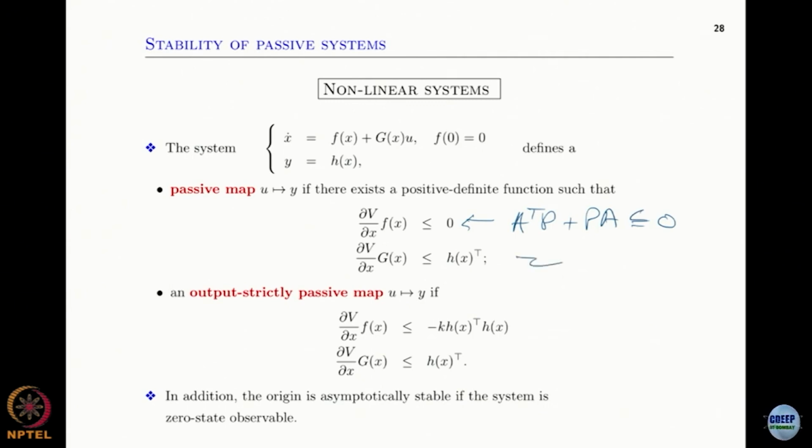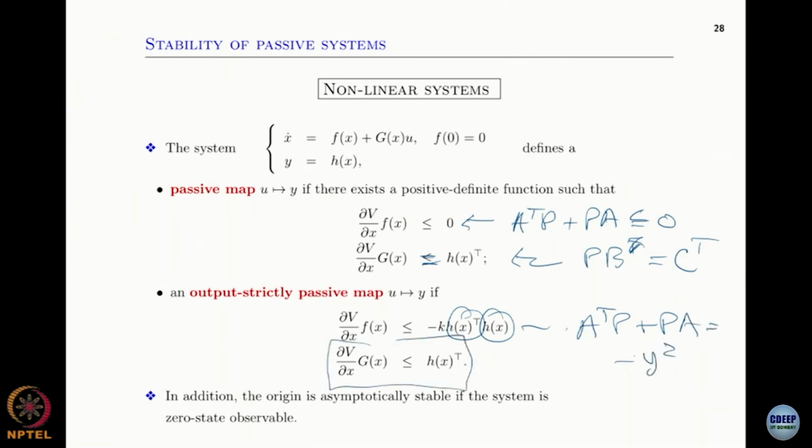And if we had an equality here, this would be the condition that we saw. And in this case, as you can see, we have a quadratic term here, so this is like having A^T P plus P A equals minus y squared, right? And here we have again basically the structural condition.